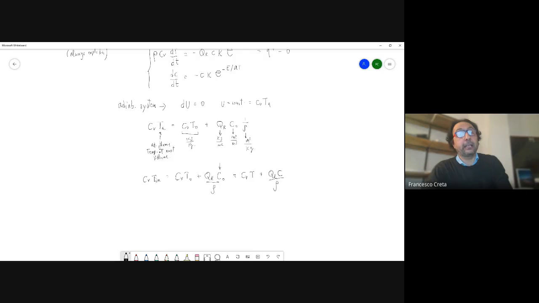At the end, T will reach TA, and the concentration will be zero. But this is important because then we see that C is not an independent variable. The concentration is not an independent variable because we can write it as a function of temperature.